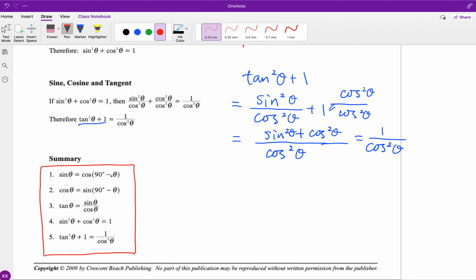As soon as you draw a right triangle, I'm going to say this angle is theta. Because the ratio is opposite over hypotenuse, the opposite side is 3, and the hypotenuse is 5.